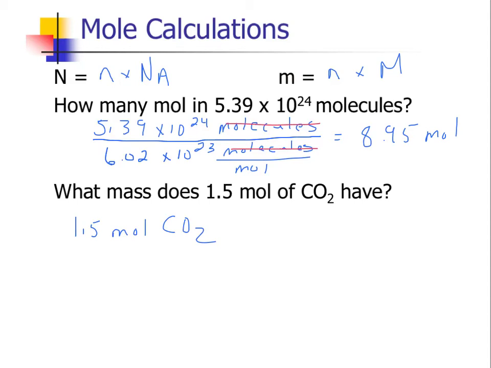So if I take my 1.5 moles of CO2 and multiply it by the molar mass of CO2, which I get by adding the mass of 1 carbon and 2 oxygens together, that gives me how many grams my sample is. Remember, follow your sig-dig rules. I have 2 digits in my 1.5, so I can only have 2 sig-digs in my answer.